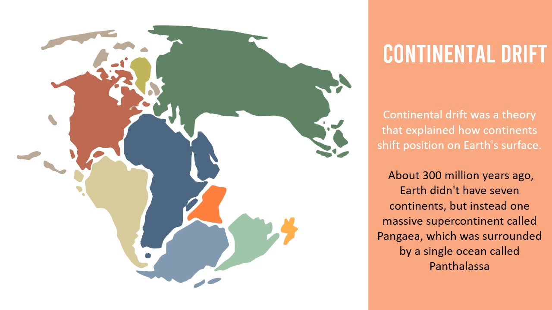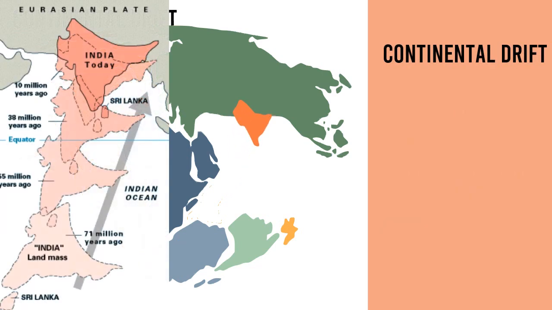Further, the theory explained that the Indian subcontinent mass was between the South American and Australian masses on Pangaea. This plate moved from there towards the Eurasian plate and collided about 10 million years ago. This collision is the reason behind the formation of the Himalayas and the topographical formation of the subcontinental landmass.